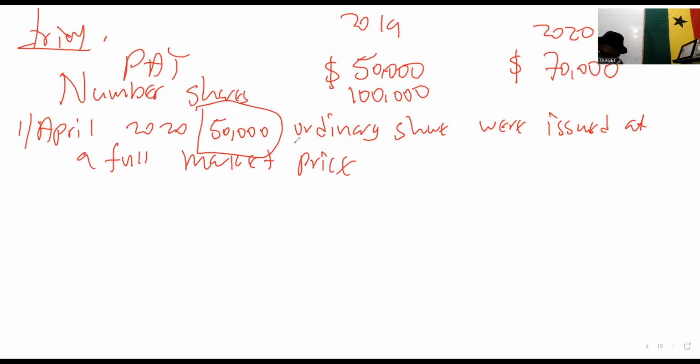We just need the information as to whether it was a full market price issue. That's all. So I'm done. Prepare the earnings per share for both years. So here, if I put 150,000 shares here, this is note 1.